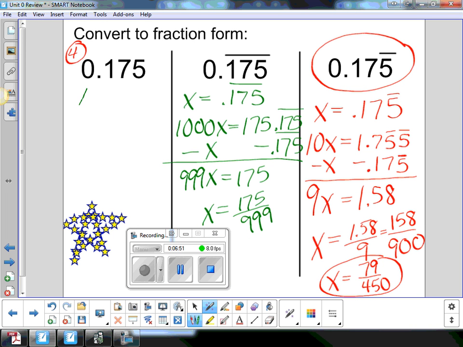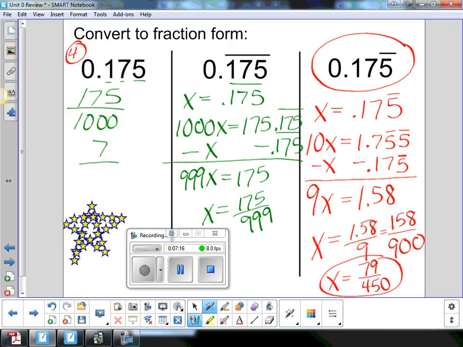This one is just 175 thousandths, because this is the 10th, 100th, 1000th place. You learned that in elementary school. And that can be reduced because top and bottom are both divisible by 25. How many quarters are in $1.75? 7.